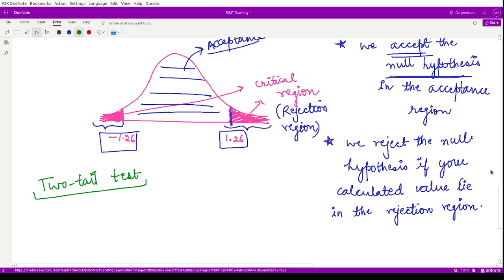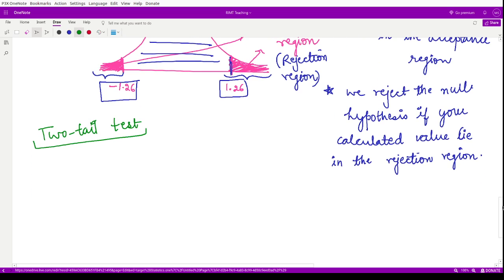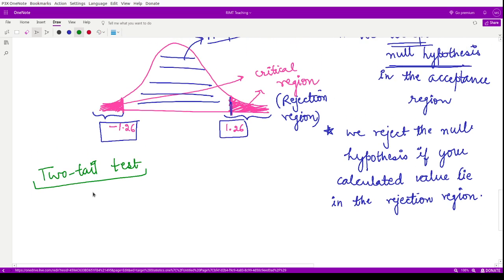A two-tail test is used when, suppose this is the whole population, you have two samples. For these two samples, suppose the mean of the first sample is x1 bar, and for the second sample it is x2 bar, say, right?